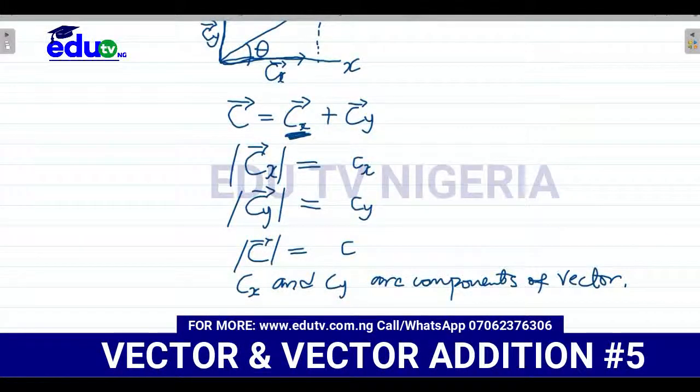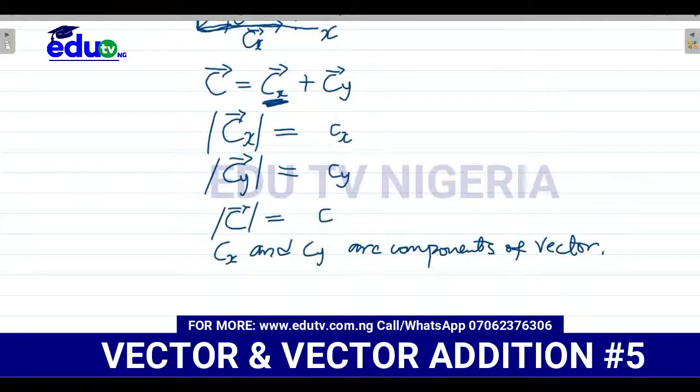Now that we've learned that Cx and Cy are components of the vector, for us to relate the components with the angle between the vectors, we work it this way.